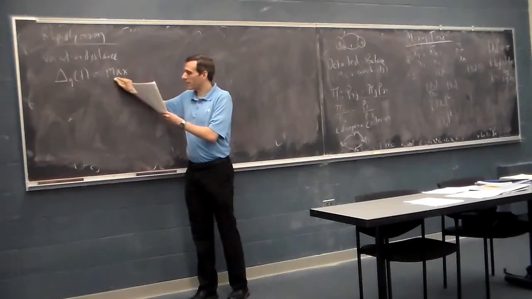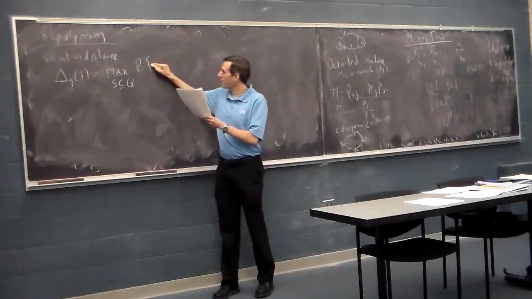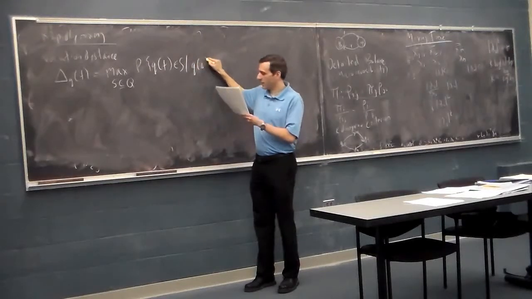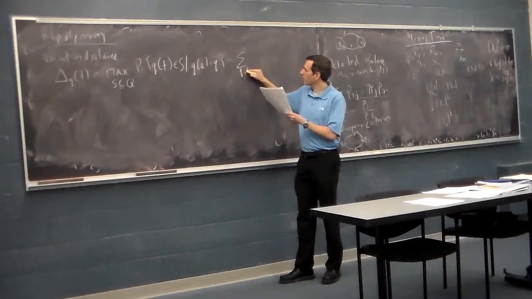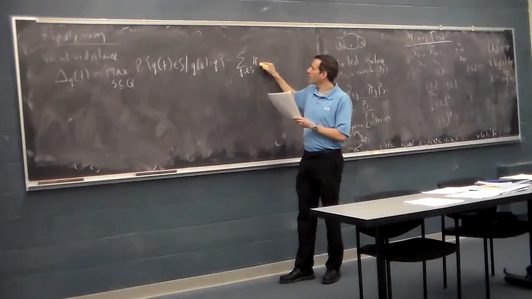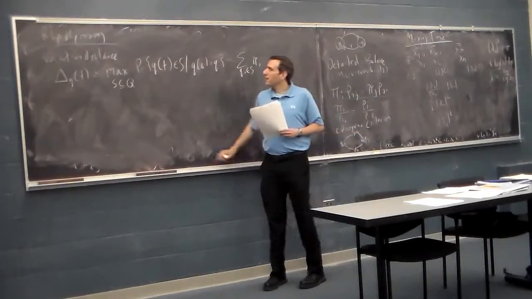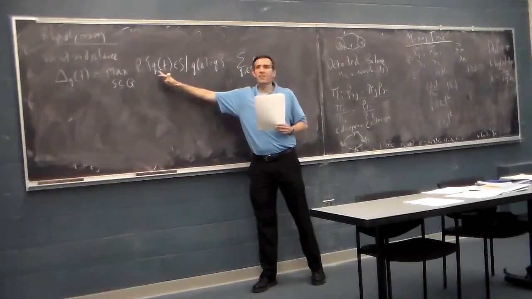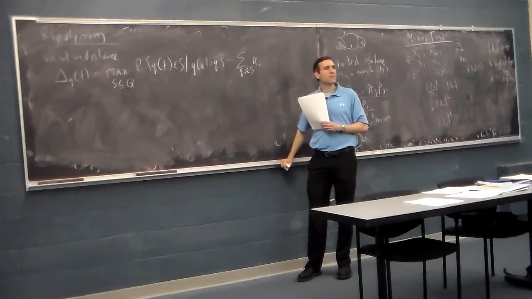This we'll define as the maximum over subsets of our state set Q of the following quantity: the probability the state at step t is in the subset, given that our state at step 0 was some initial state q, minus the sum over states qi in the subset of the stationary value pi I. In other words, maximizing over all subsets of the state set, how different is the probability of being in that subset at step t from the probability of being in that subset in the limit as t goes to infinity? Does this definition make sense to everyone?